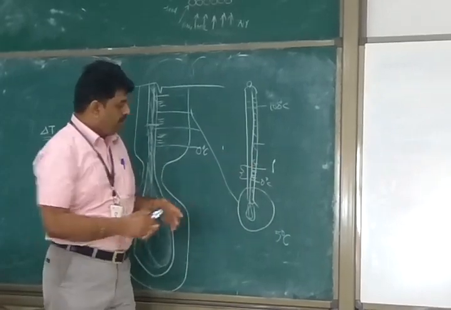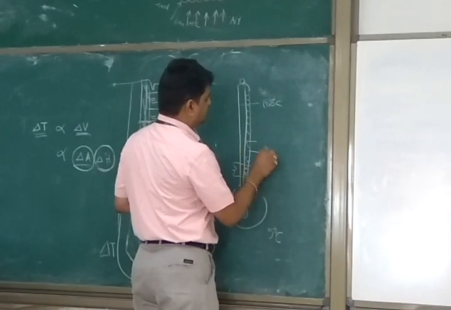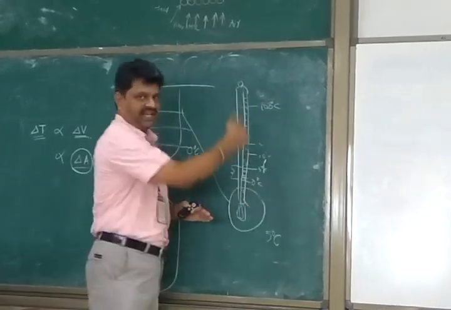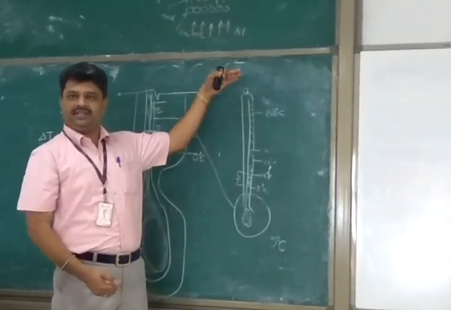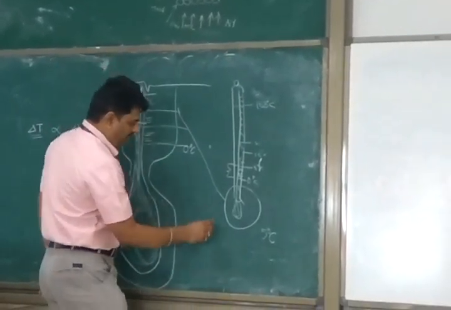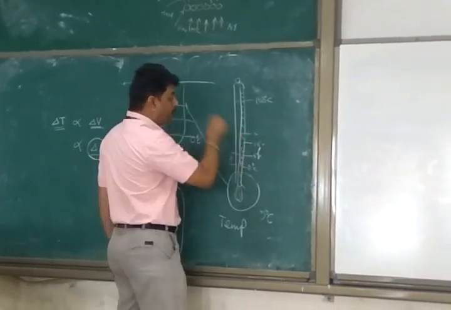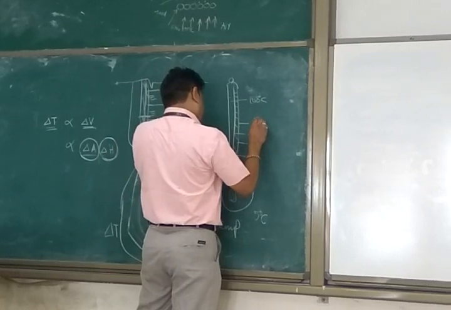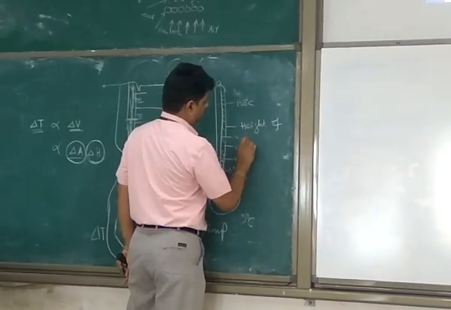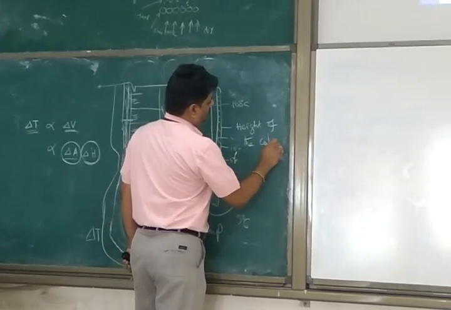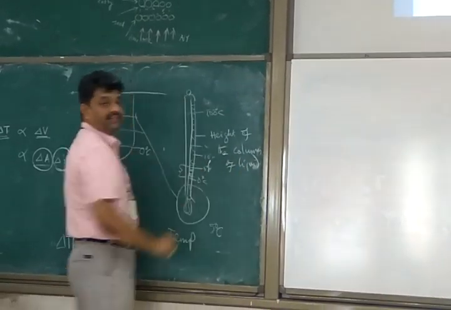Okay. So now I have calibrated this as 5 degrees Celsius, this as 10 degrees Celsius, this as 50 degrees Celsius, 100 degrees Celsius. Of course, equally, since I have not drawn properly, the graduations of the scale will be there. So my input to the thermometer is temperature. Output is the height of the column of thermometric liquid.